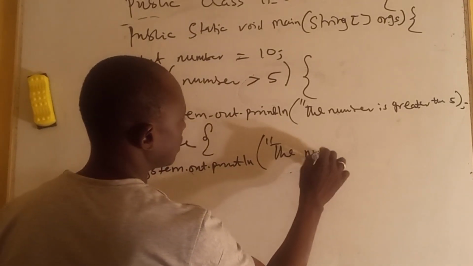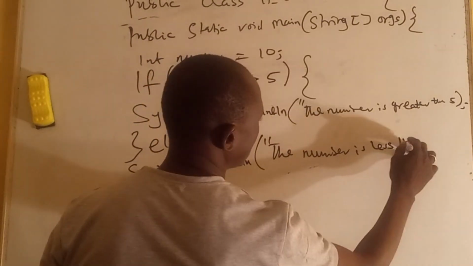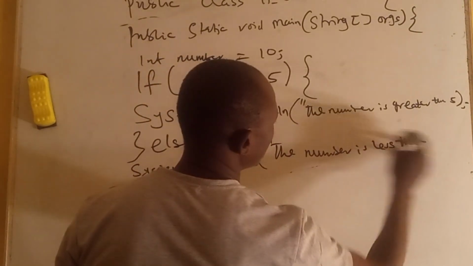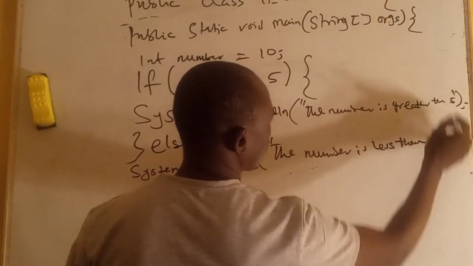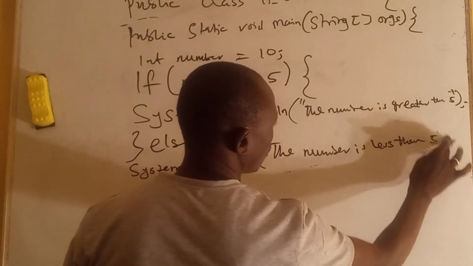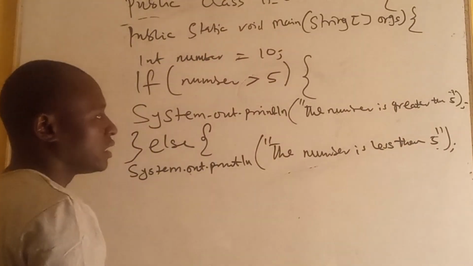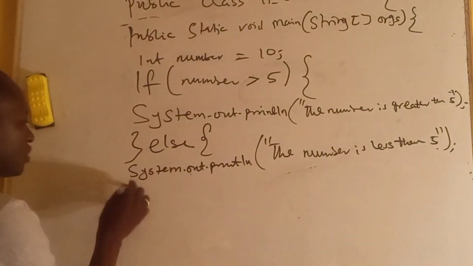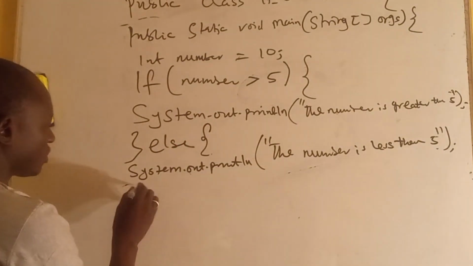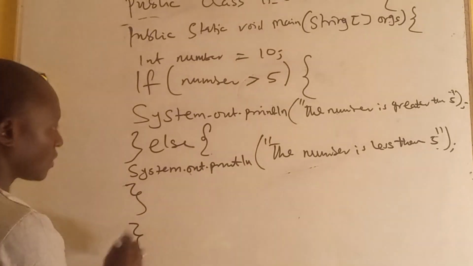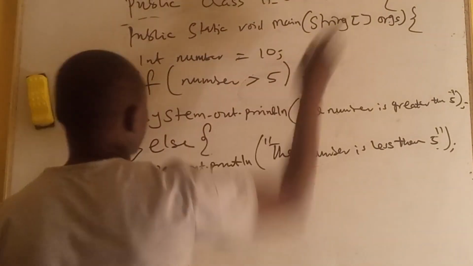The number is less than what? Less than 5. Please, we are not closing our quote, so we close our double quote here, else we are going to have a syntax error. So we now close this again. This will close this. Then we have another one, close that one.